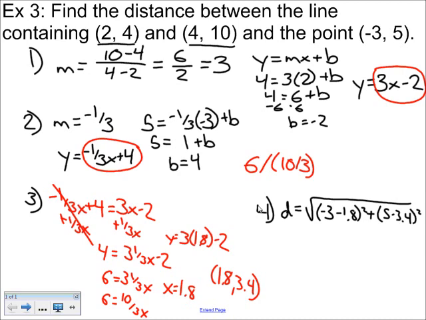We'll probably have to do a little bit more on a calculator since the decimals are probably not ones you have memorized. So square root of -3 minus 1.8, so -4.8 squared, plus 5 minus 3.4, so 1.6 squared.